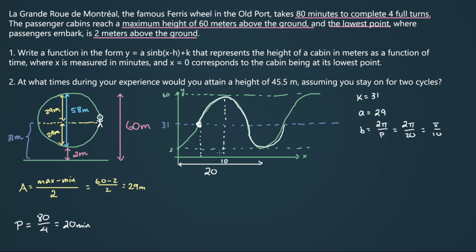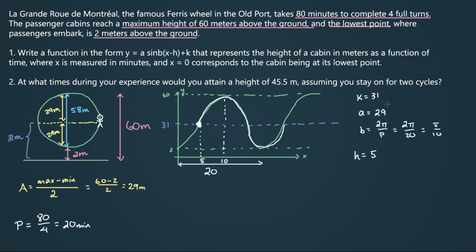Well, that's half of half right here, 5 minutes. You're exactly right here. Like we see on this diagram, you're at 31 meters in height. You're at that midline, right? And so, like we said before, right here is a starting point for one of our cycles of sine. And so we can say that h, one of our possible h's, is 5 minutes in, okay?